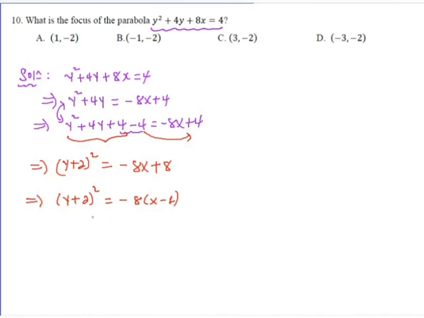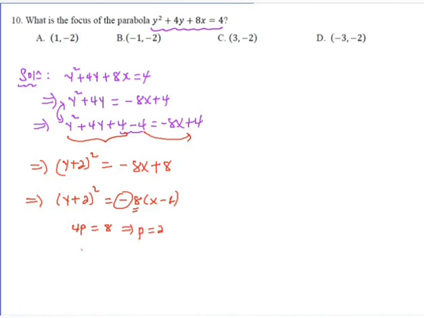So this is definitely a parabola, a horizontal parabola, which opens to the left due to this negative sign. It opens to the left, and 4p is 8. That means p is 2.